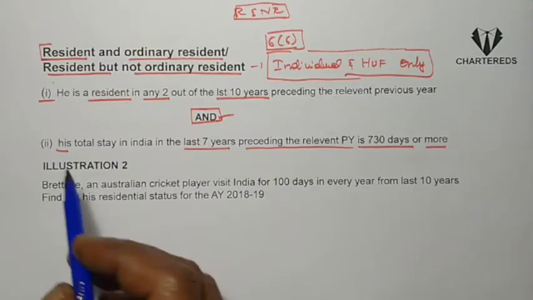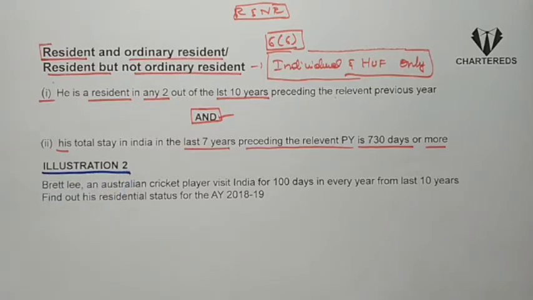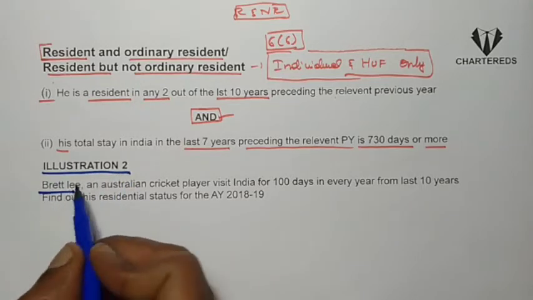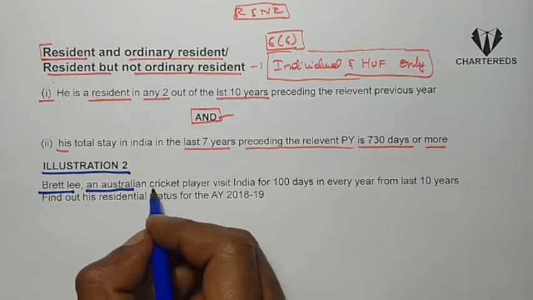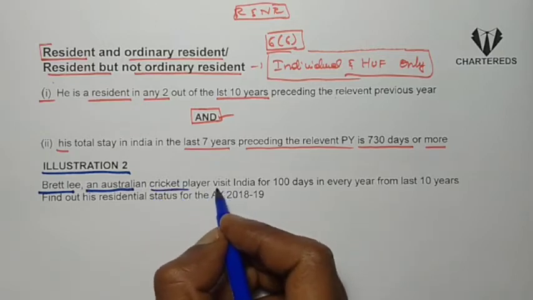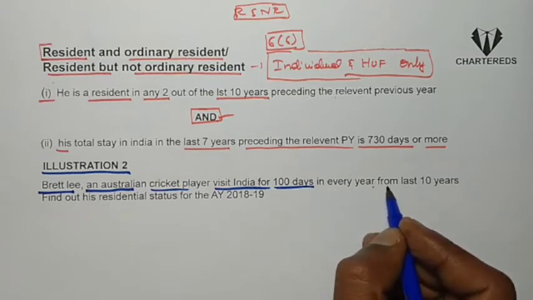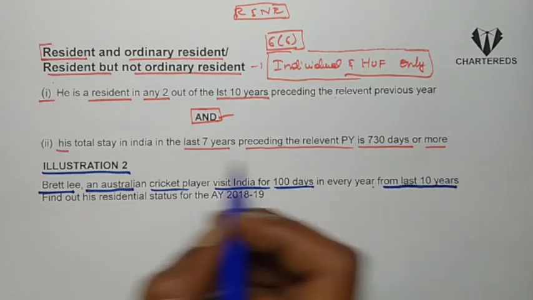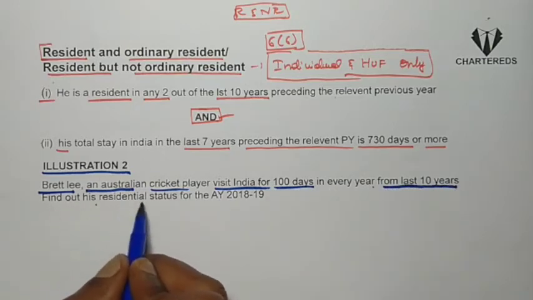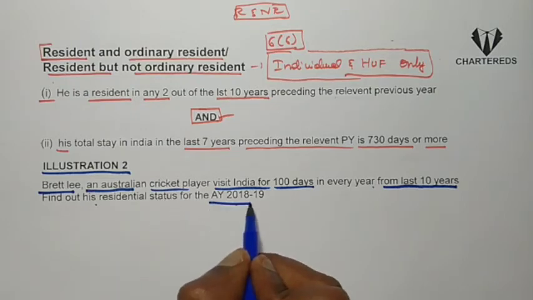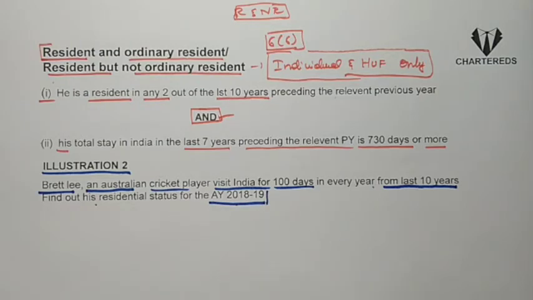So, next we have illustration 2. Brett Lee, an Australian cricketer, visits India for 100 days in every year for the last 10 years. Find out his residential status for the assessment year 18-19.